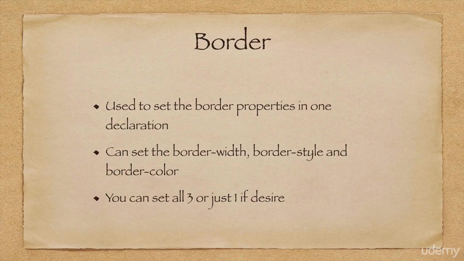So there are other properties that you can set where you want to set, say, border at the top, on the right, bottom or left, but just by using the border we can say border 10 pixels solid, or border 1 pixel solid, or border 1 pixel red, or basically you're setting the border width and the style being solid and the color all in one declaration, and that's what the border property does.